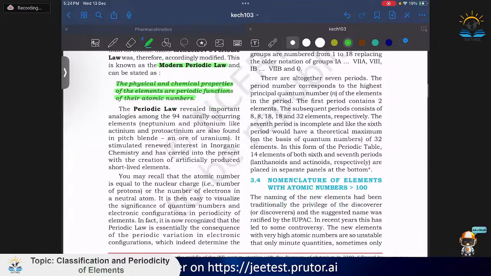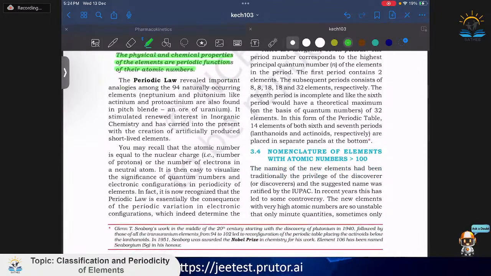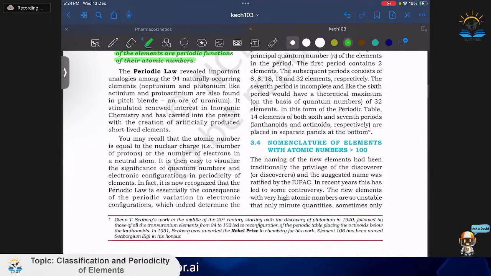The periodic law revealed important analogies among the 94 naturally occurring elements. Neptunium and plutonium, like actinium and protactinium, are also found in pitchblende, an ore of uranium. This line is really important, because many times they ask direct questions from it, so you should know what it means.